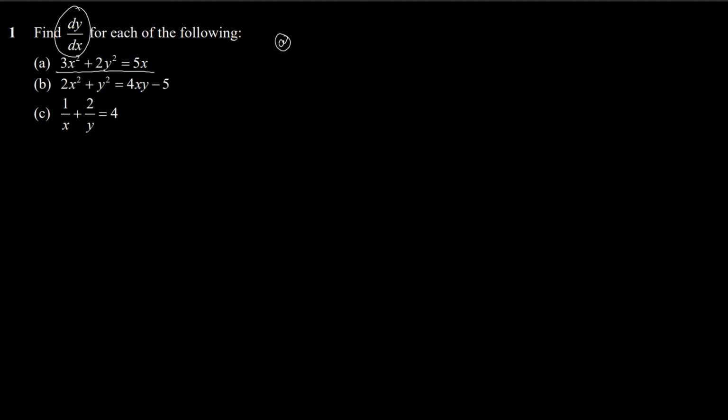It is given here 3x square plus 2y square equals 5x. We are going to differentiate implicitly with respect to x.